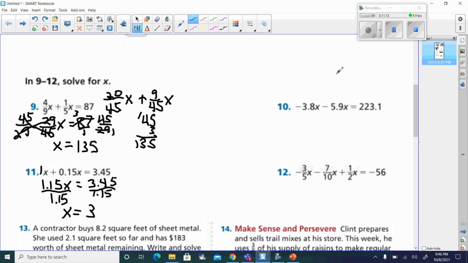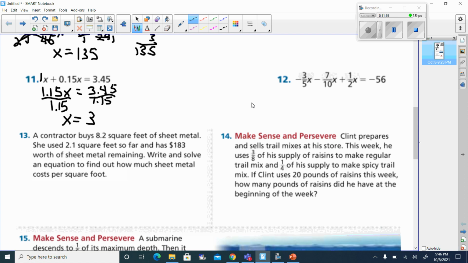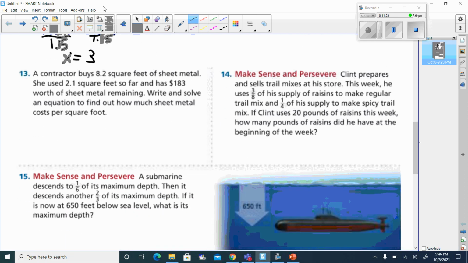All right, let's go to number 13. Number 13 says, a contractor buys 8.2 square feet of sheet metal. She used 2.1 square feet so far and has $183 worth of sheet metal remaining.